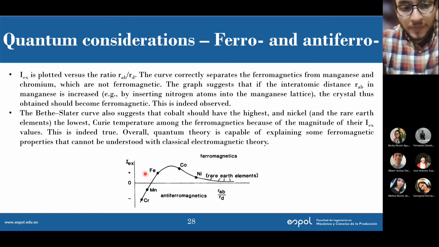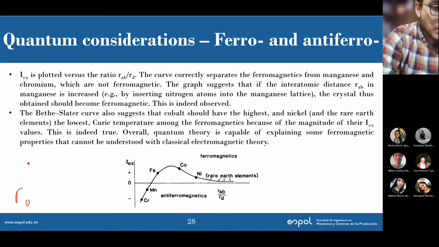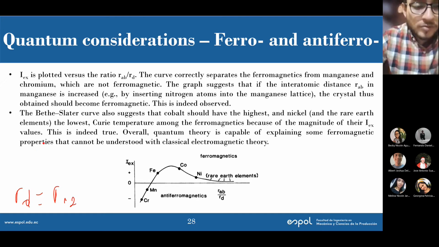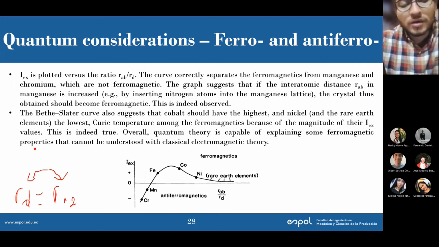So you can see here the graph of that exchange integral versus the ratio of the interatomic distance, the distance between two atoms, to the radius. And r_d is equivalent to r_12. So the radius between electrons is the same as the radius of electron orbit, r_d.